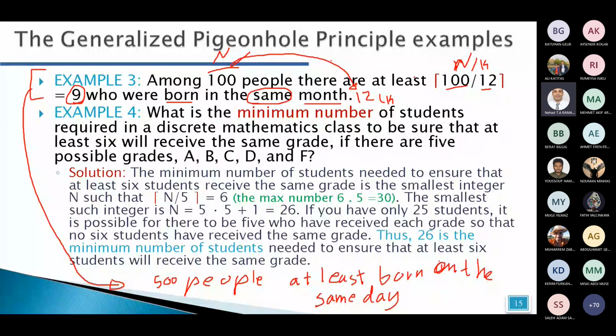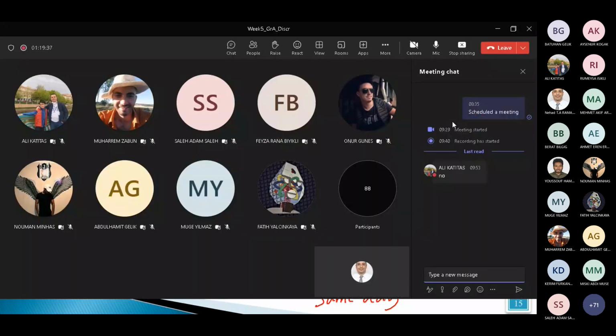At least is very important here, because we cannot know how many were born on the same day, but at least how many were born on the same day? Try to solve it. Does anyone get the answer? No, it's not correct.